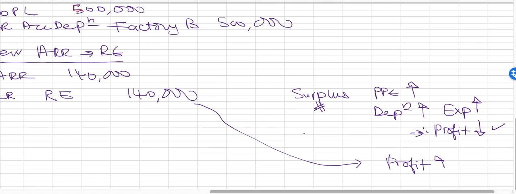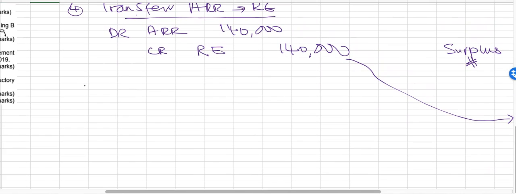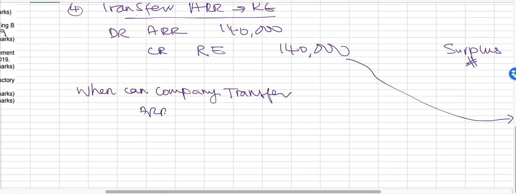So this 140, when you transfer back to retained earning, it will increase back the profit. But anyhow, when can the company transfer ARR to retained earning?